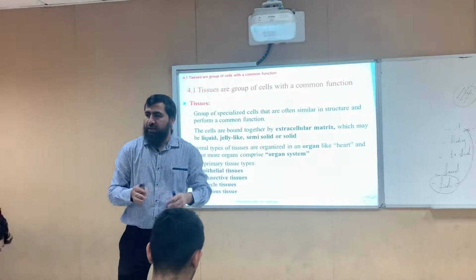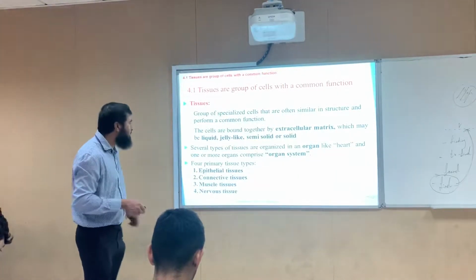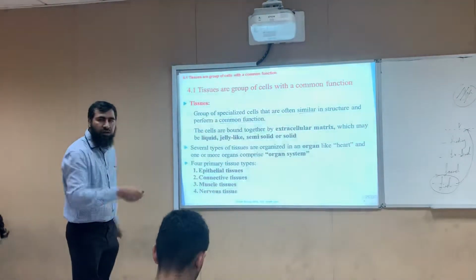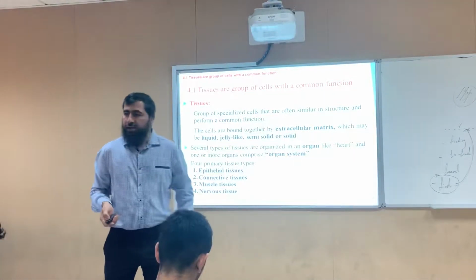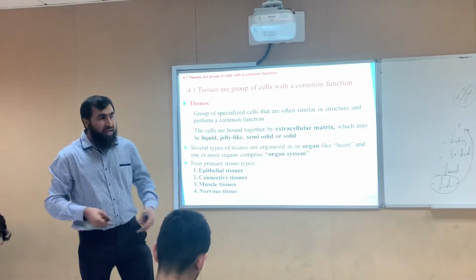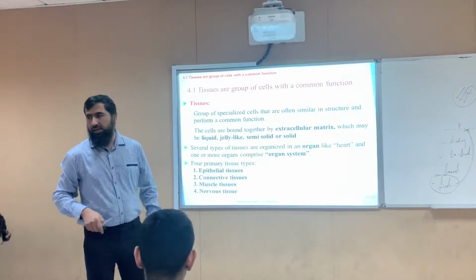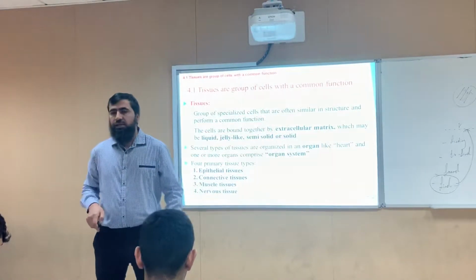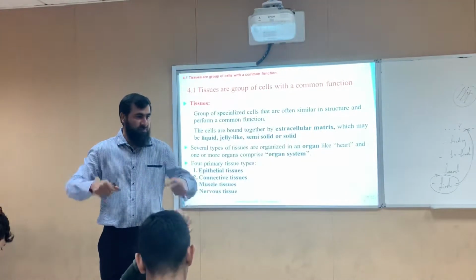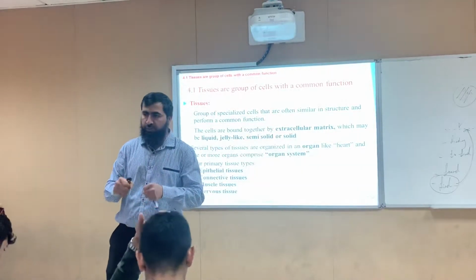The extracellular matrix is like a jelly structure. Semi-solid, like cartilage, okay? It has a semi-solid extracellular matrix, and sometimes it has a solid extracellular matrix. This you find in bone, bone is very solid, okay, rigid, you can't move it.